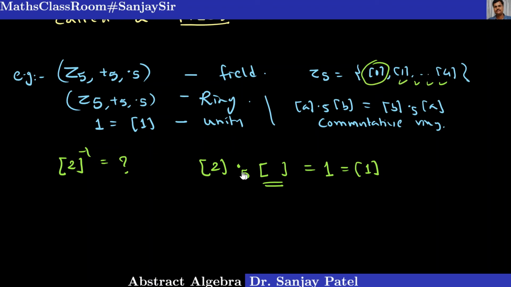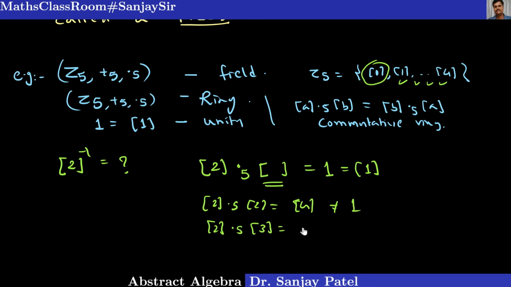So if I put 1, 2 into 1 is 2. So it is not equal to 1. 2 into 2, 4. Okay, let me write like this. 2 ·5 2 is equal to 4. Okay, and 4 is not equal to 1. Then if I put the next element, say there is 3 also.